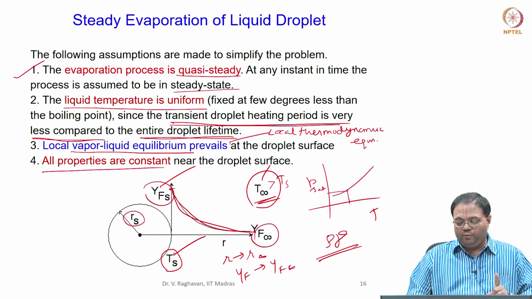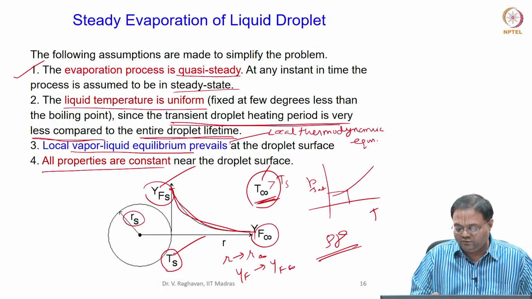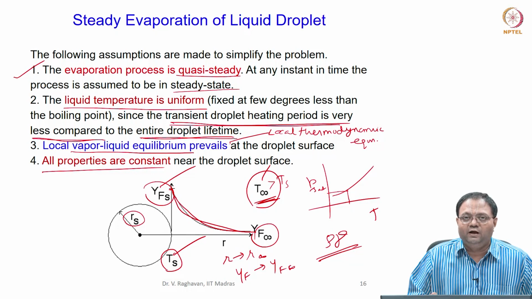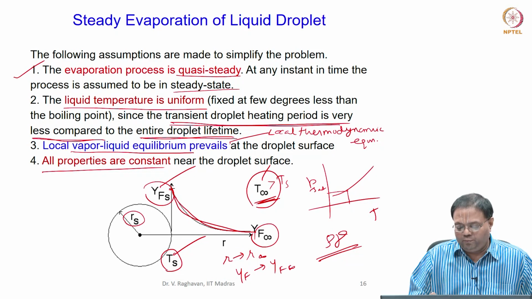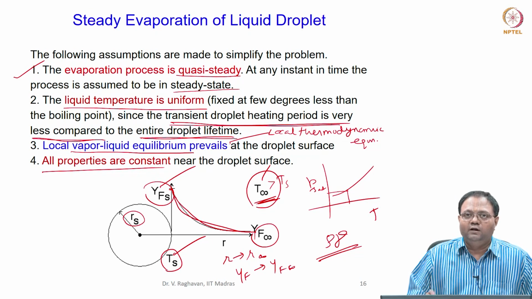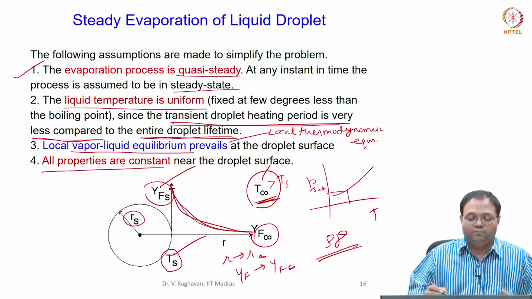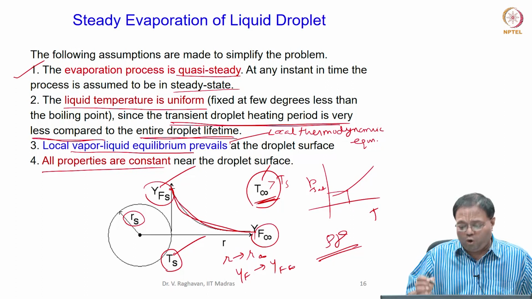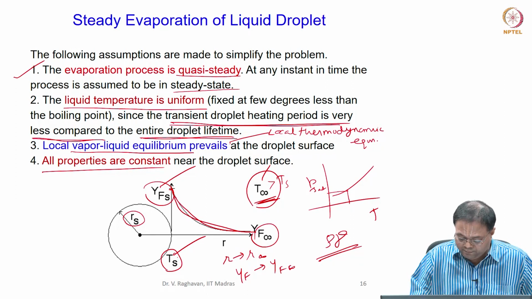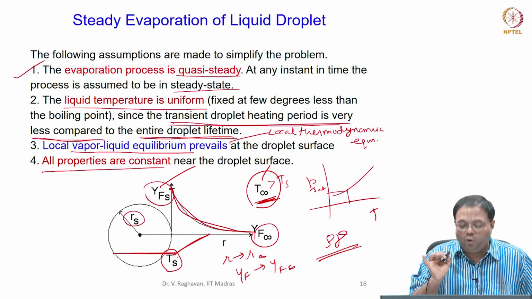For example, if the boiling point is say 371, Ts will not necessarily be very close to 371, it may be 350 or 360 something. So we have to really determine how Ts is dependent on T infinity. We are assuming constant Ts based upon T infinity.